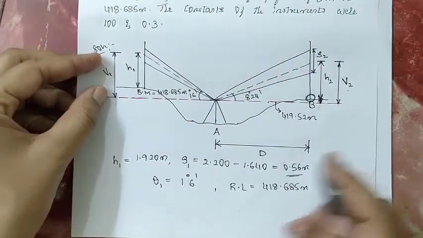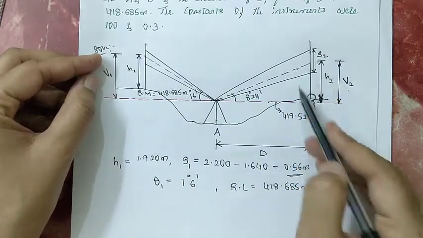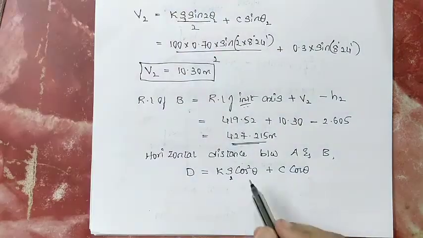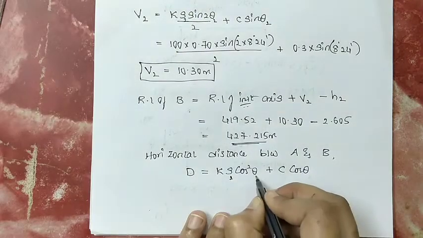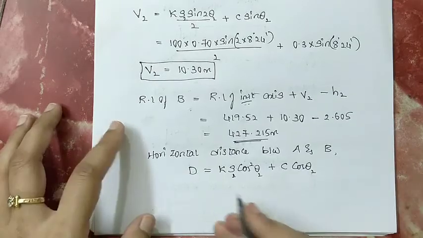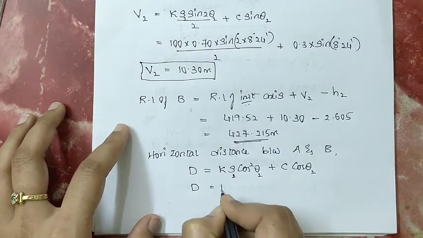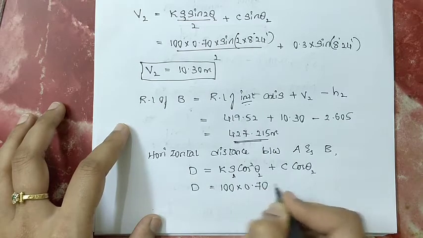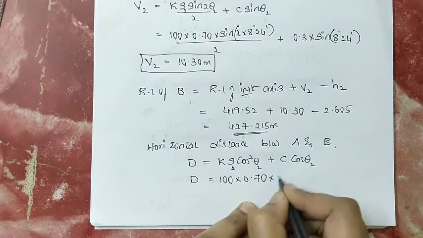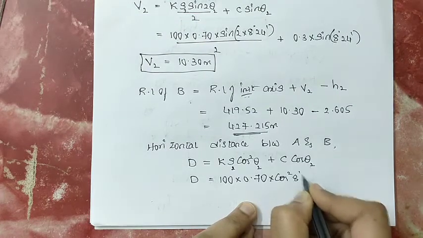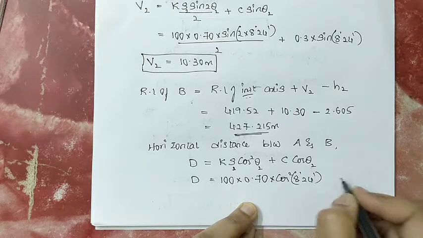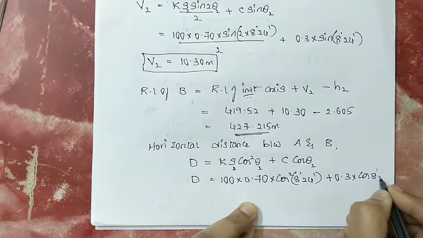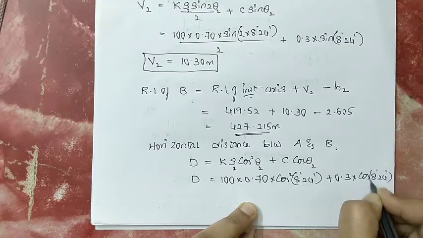What are the observations taken on B? We have given it as the second observation. The staff intercept as well as theta you need to consider here. Then substitute the values. D equals K is 100 and S2 value is 0.70, into cos square of 8 degree 24 minutes, plus C value 0.3 into cos of 8 degree 24 minutes.